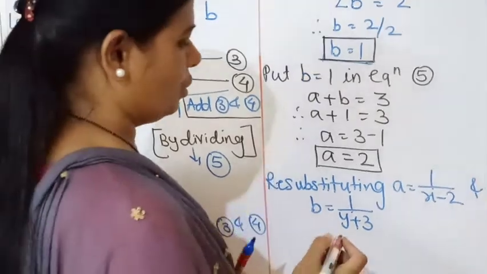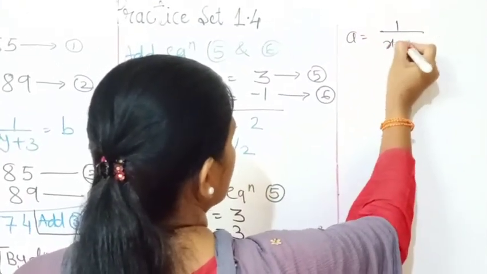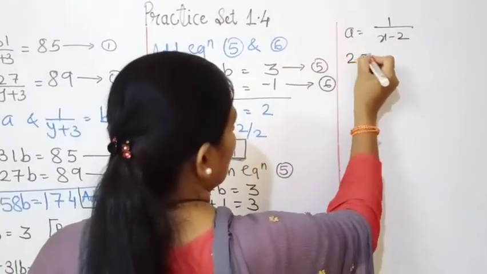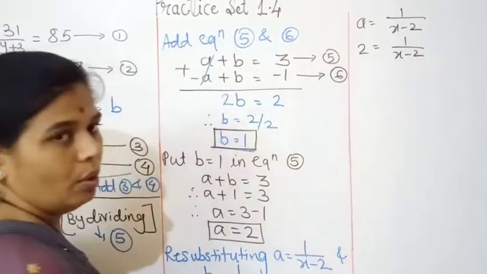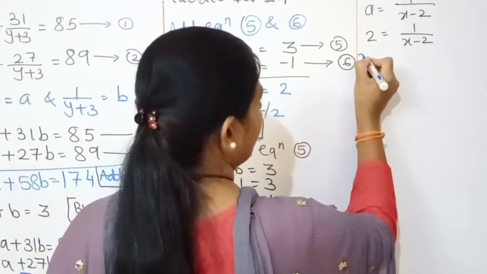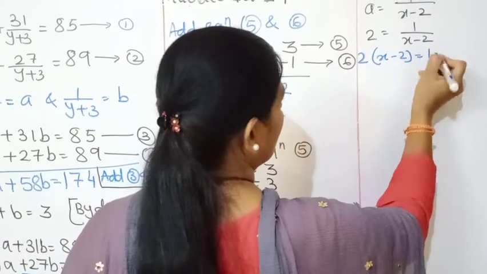Okay. So now we have to resubstitute. So now a equal to 1 upon x minus 2. Now what is the value of a? Value of a is 2. So 2 equal to 1 upon x minus 2. Okay. Now we have to cross multiply. After cross multiplying we get 2 bracket x minus 2 equal to 1.